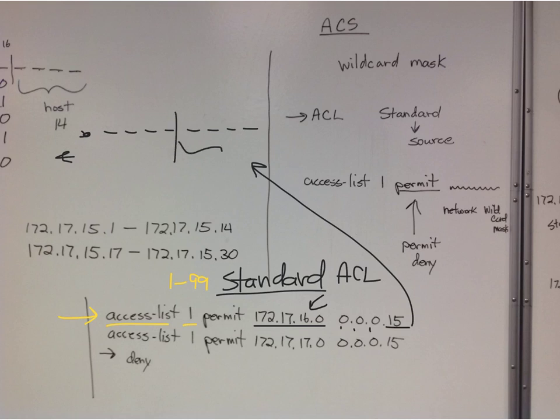So all of these bits are the host, and we want to ignore those because we want to permit everything on this network. So we put 1s there, and they're going to ignore those hosts. Well, if you add that up, 8, 9, 10, 11, 12, 13, 14, 15. That's where that comes from.